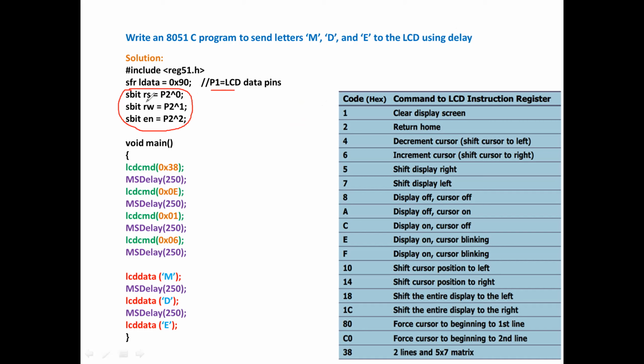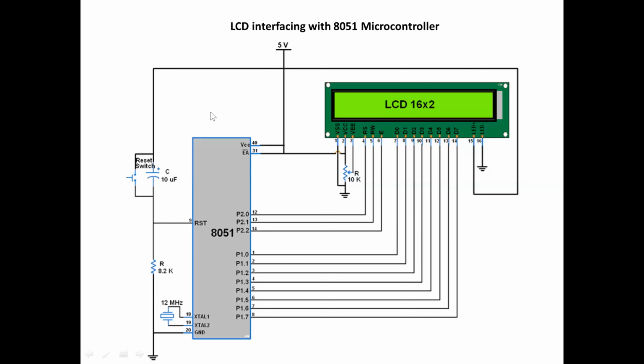Why do I need to initialize like this? Go to the same interfacing. Here you can see that they're taking these 3 pins, very important. These pins should be programmed for either the command or the data. Whether you are going to send data or a command, these 3 pins should be programmed, so I'm interfacing these pins to one of the ports.